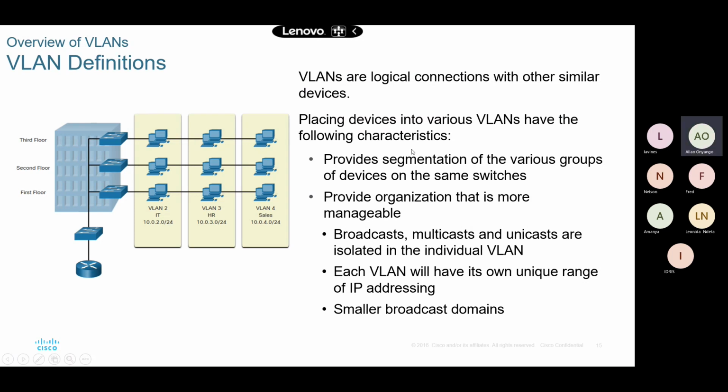So using VLANs, it normally segments various groups of devices. For example, you can separate one department from another department by using VLANs. Very important. Let's give an example of a university. A university normally has students. It has the IT department. It has the HR department. It has the examination department, the senior management department.